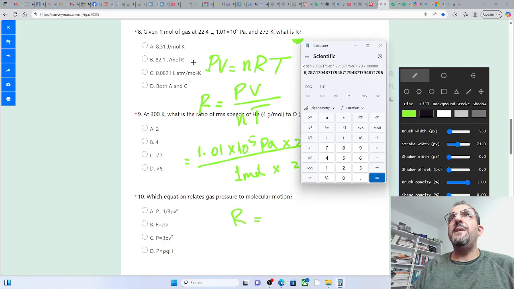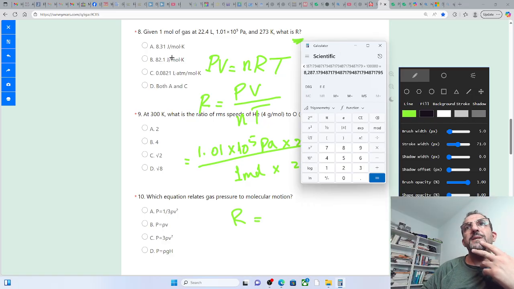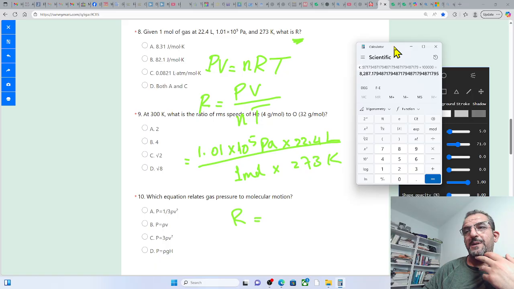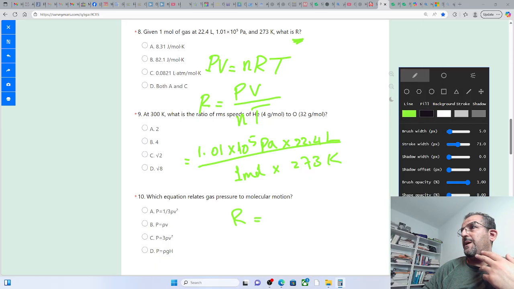Okay, let's see the units here and then compare. I have Pascal, I have liter, and I have mole Kelvin.